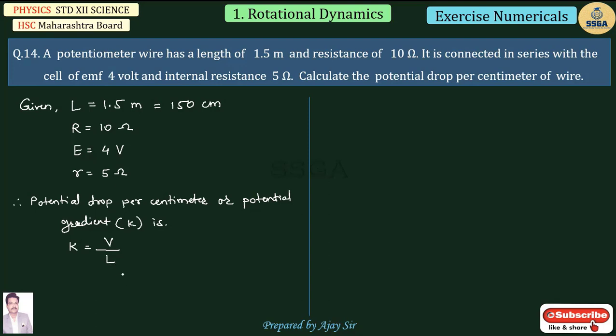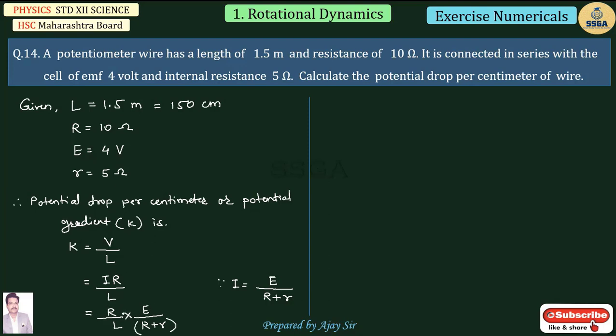Therefore K is equal to V divided by L, where V is equal to IR, but I here is E divided by capital R plus small r. So this equation becomes capital R into E divided by small r plus capital R, divided by L. So this is the value of K, students.